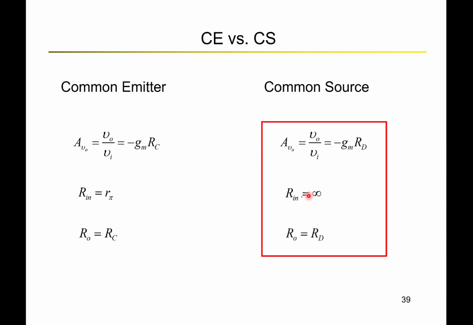The input impedance is the key differentiator, which is instead of R pi, which was a relatively lower impedance, the input impedance of the MOSFET gives the common source amplifier's input impedance to be infinity, and the output resistance is again similar, defined by the output bias resistance RC or RD.